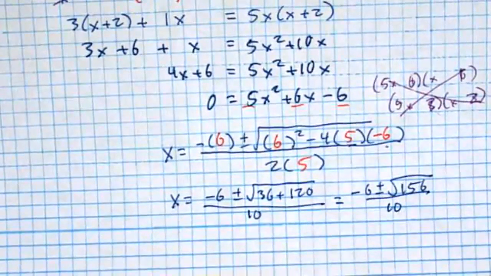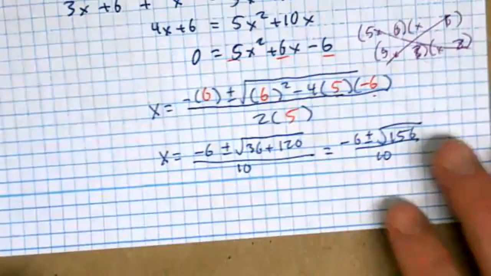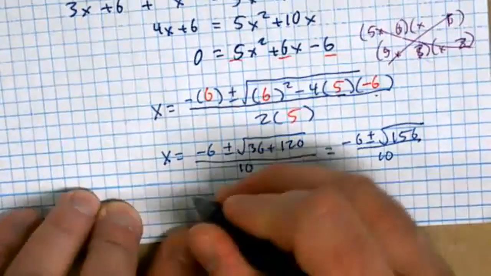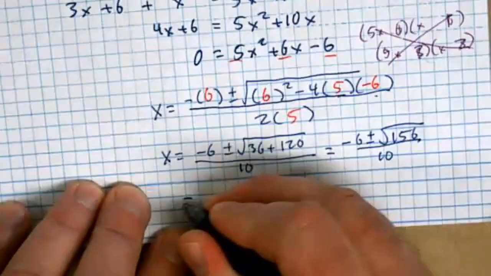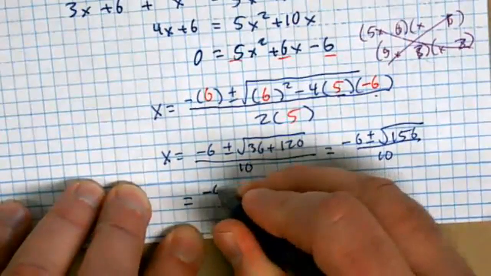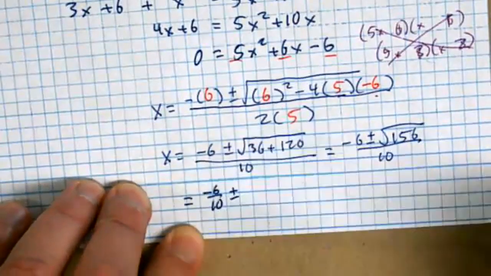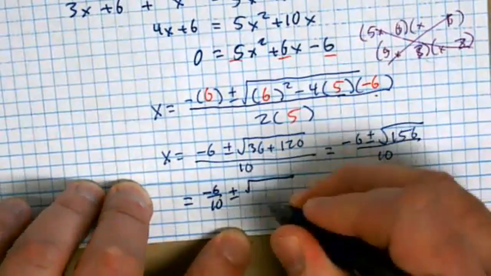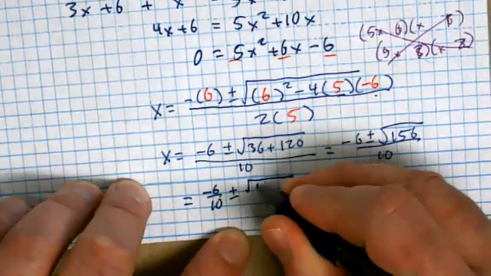Is 156 divisible by 4? It is. Uh-huh. 156 is 4 times 39.